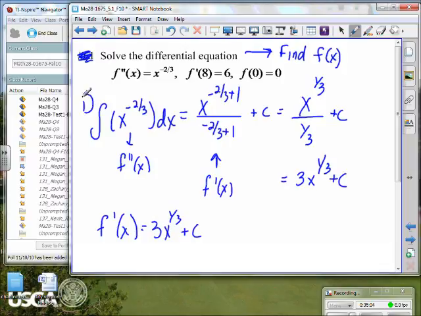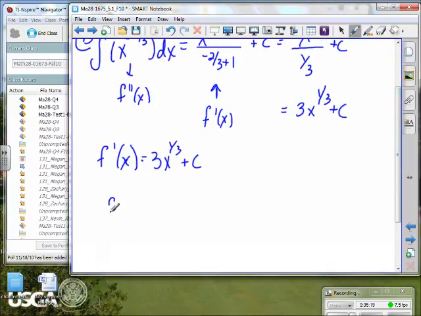So the first thing we do is take the indefinite integral of the second derivative to give us the first derivative. Now, I know something about this first derivative. I know that when the input is 8, the output is 6. So I have 3 times 8 to the 1/3 power plus c. 1/3 power, otherwise known as cube root.